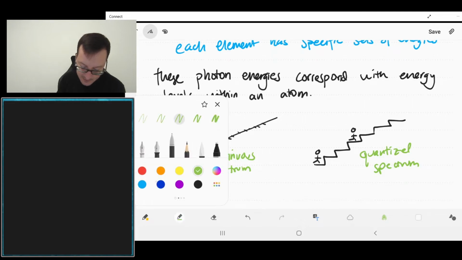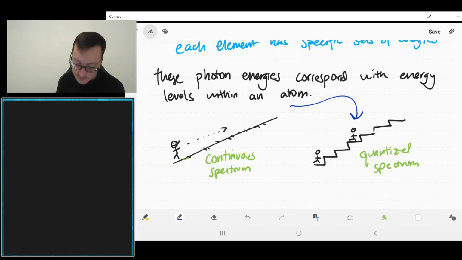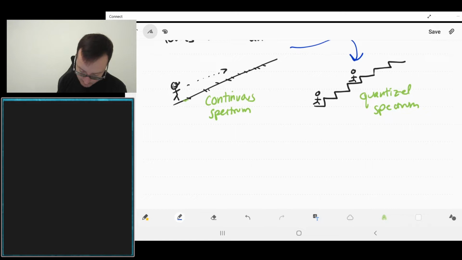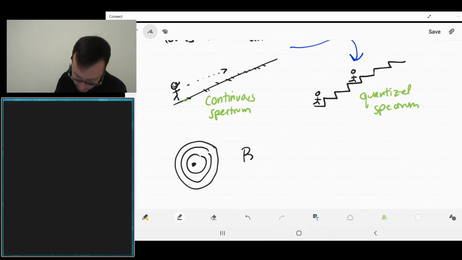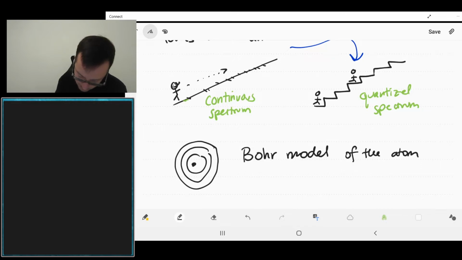So our atoms and all that are going to behave much more like this. So we're going to see what those levels kind of correspond with. And so this takes us into one of the older models of the atom, the Bohr model, where we had different energy levels.